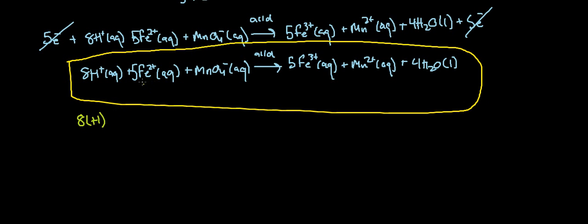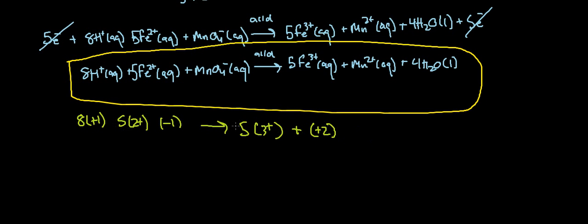I have 5 Fe2 plus. I have 1 minus. And then on the other side I have 5 Fe3 plus and 1 Mn2 plus. And then water is neutral, it does not have charge.